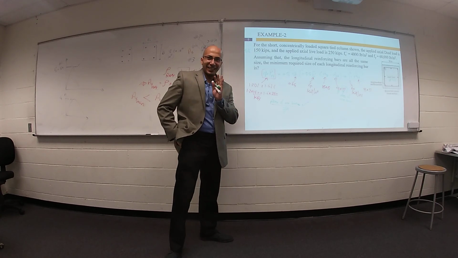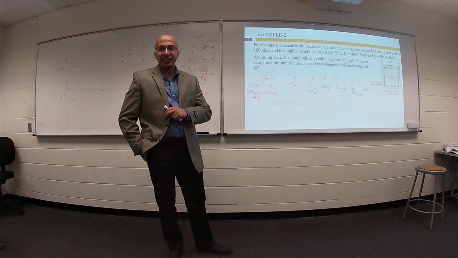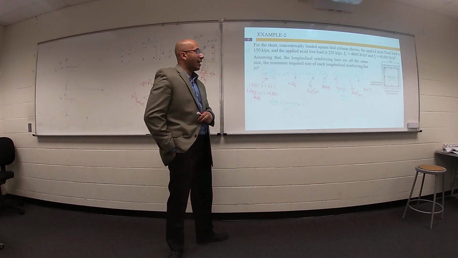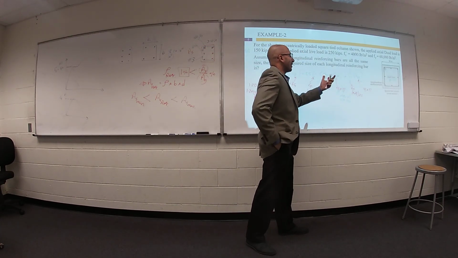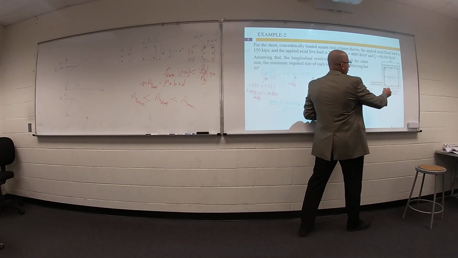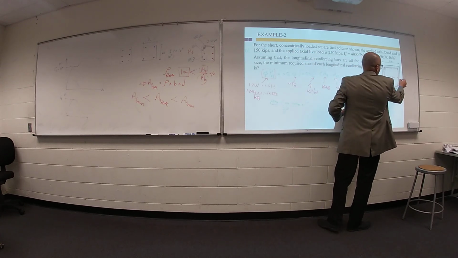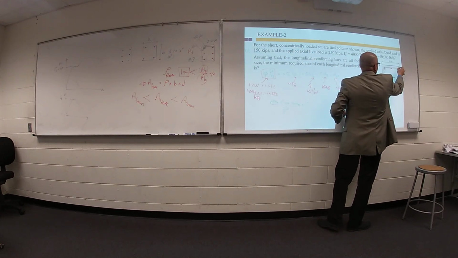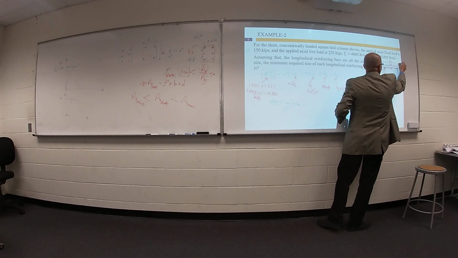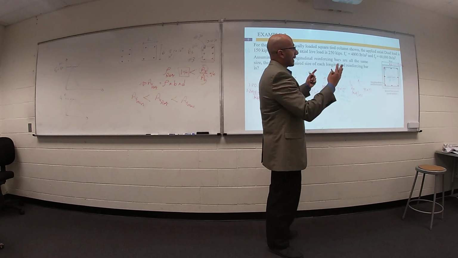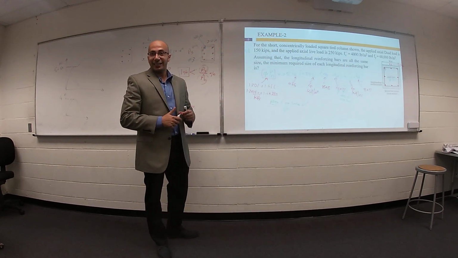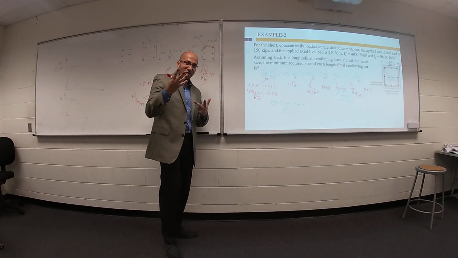Question: can we use the ratio to find the bars? No. The only equation given for design is this one. The percentage of area steel is between 1% and 8%, the minimum and the maximum. So I cannot choose which percent I will use, 1%, 2%, 3%.